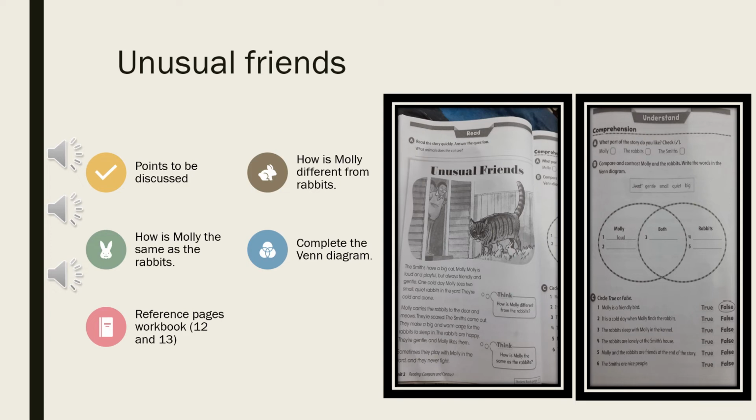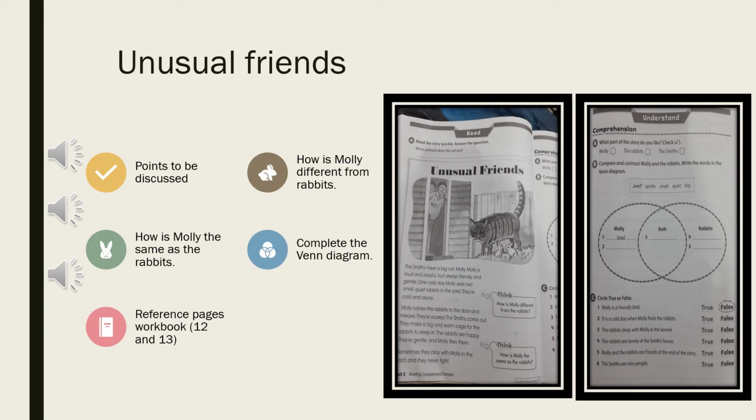In both one, what would you write? Both are gentle. So you will write gentle in both. What would you write in the rabbits one? Rabbits are small and quiet. This is how you have completed the Venn diagram.